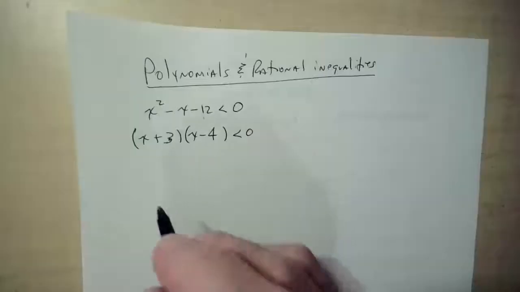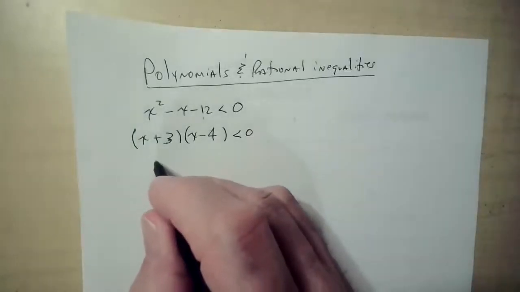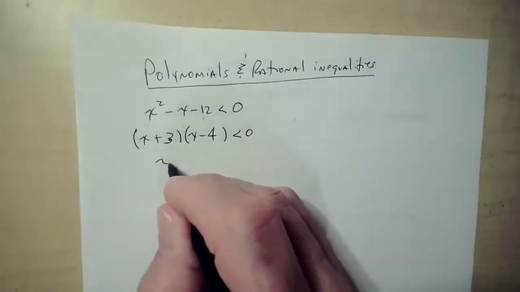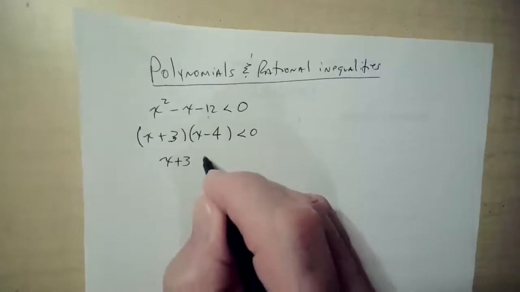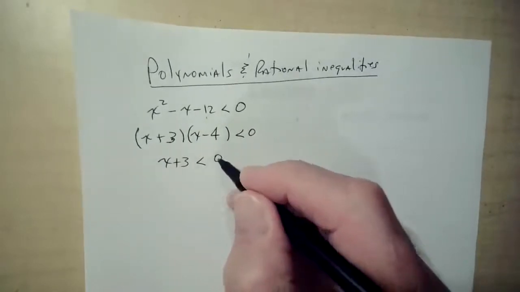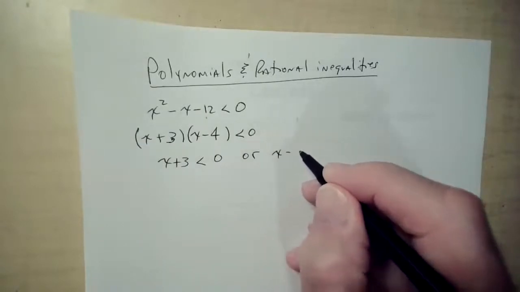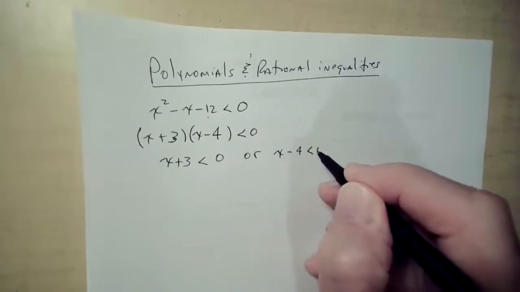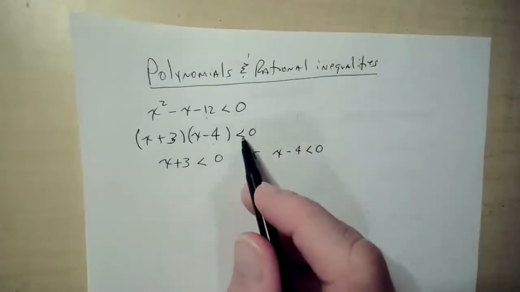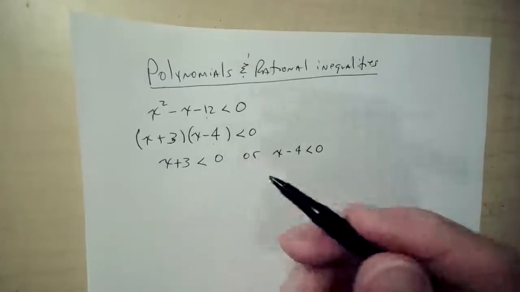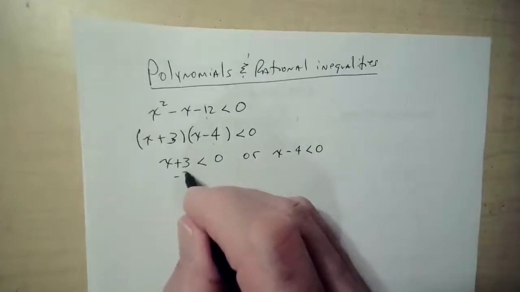Okay. So we have x plus 3 is less than 0, or x minus 4 is less than 0. Take each one of these terms and do this.